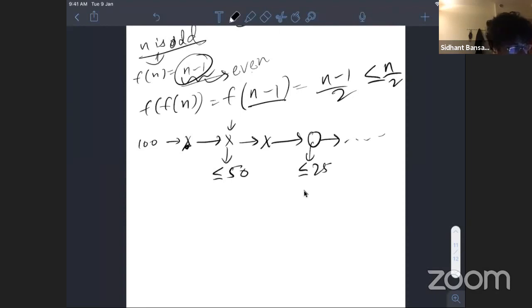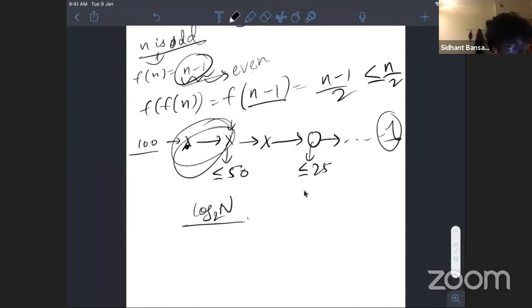So how many times can you take this double jump, like these two steps? You can only take this double jump log n times, because after log n times, 100 will just become 1. And each time, how many steps were you taking? You were taking a double jump, so 2. So in order of log n, you can calculate a to the n.